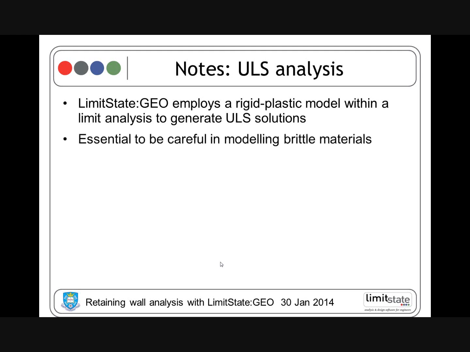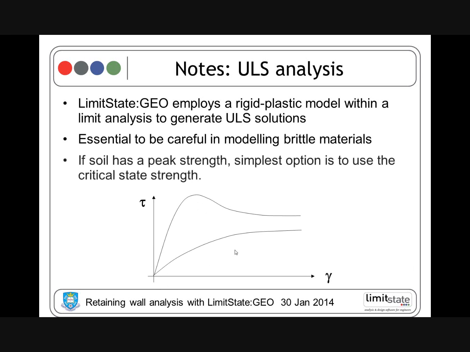Essentially, you have to be careful in modeling brittle materials, and this is something that's well known using classic limit equilibrium approaches. If you've got a shear stress, shear strain response of a material, it may have a peak strength or it may not. If it does, then you need to be careful, and the simplest option is to use a critical state strength.